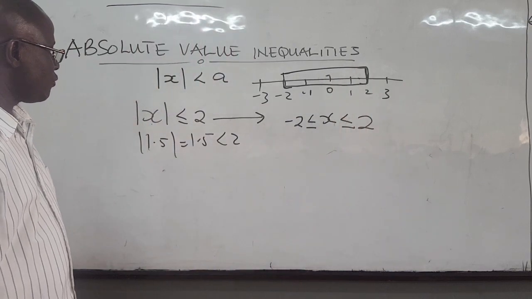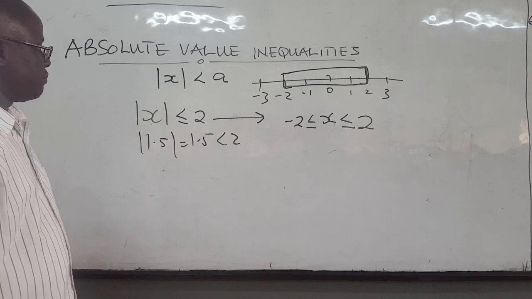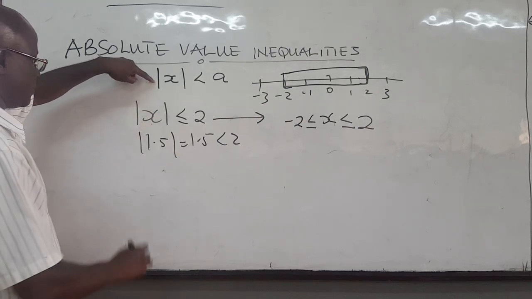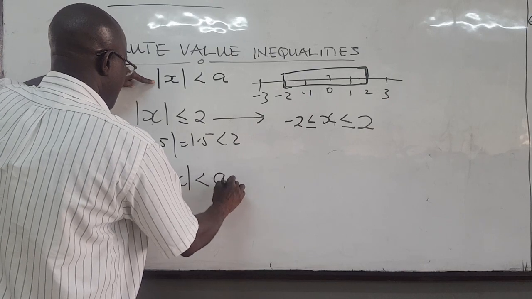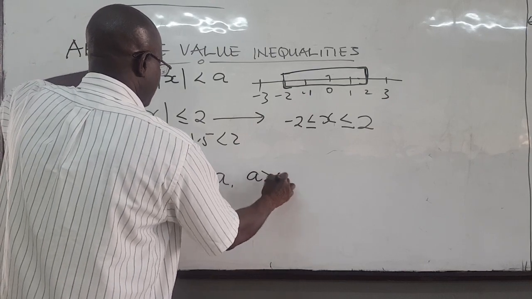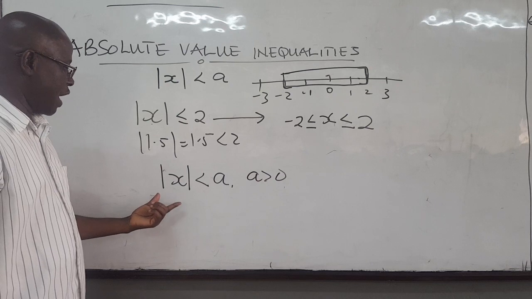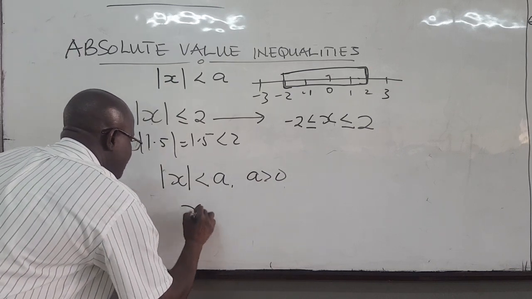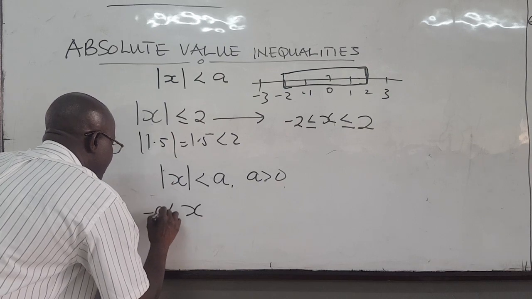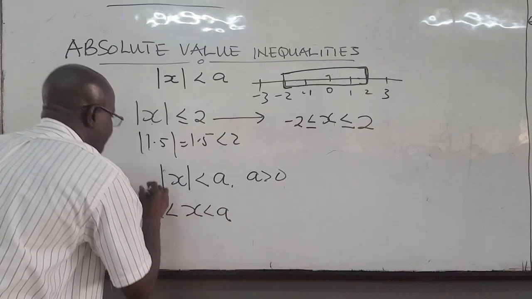So whenever I see the absolute value of x less than a number a, where a is positive, of course, because the absolute value cannot be negative, this means that x lies between -a and a.